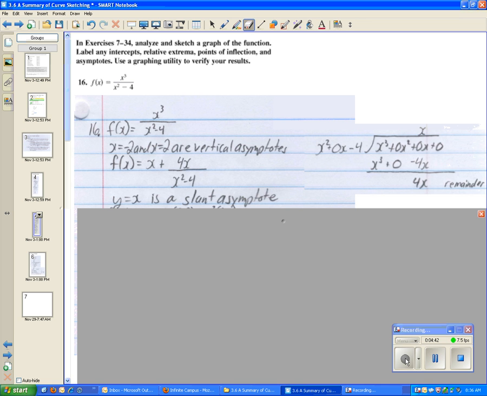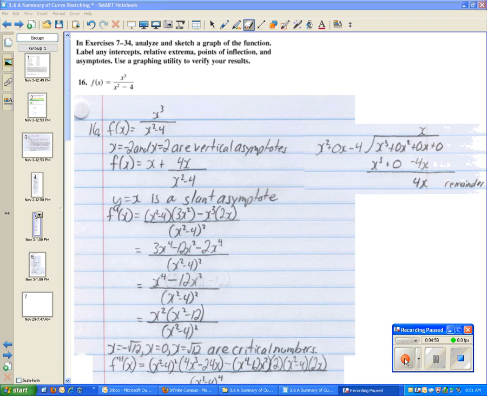The rest of the problem works just like everything else we've done. So work on 16, and then we'll see what we get.